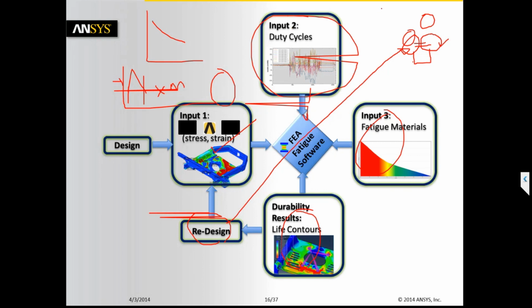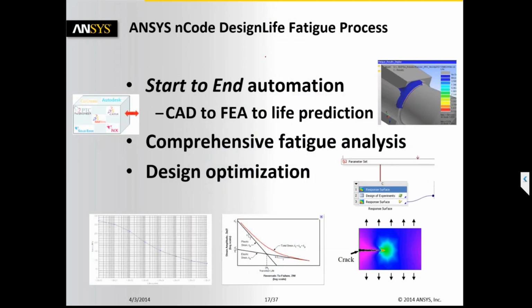Whereas if you are looking at a FEM done separately and then imported, you have to do this activity continuously. It cannot be automated. Whereas using nCode within ANSYS Workbench, the advantage is automating from CAD to FEM to fatigue, and also including the optimization part.